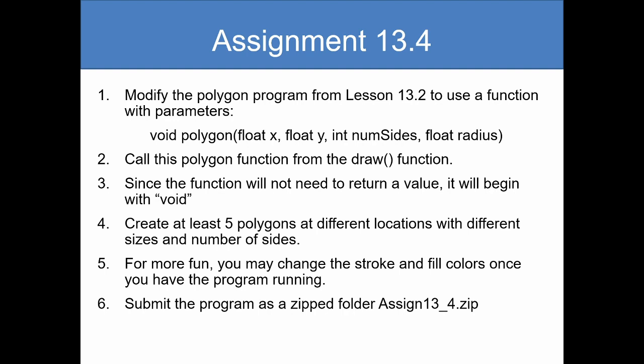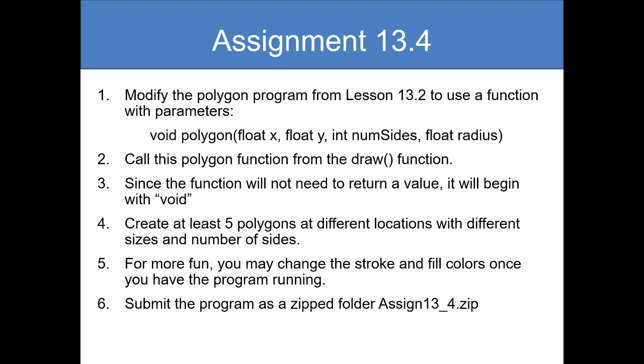So then use the function polygon in the draw function. You should be using specifically this whole polygon and then providing the parameters of where you want it, the x, where you want the y, the number of sides, and the float radius. And since it doesn't need to return anything, that's why you use that void. And here's the part that some people get a little bit lost on: make 5 polygons, make 5 of them.